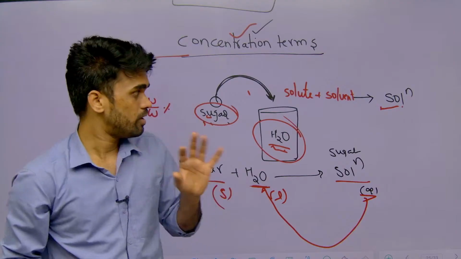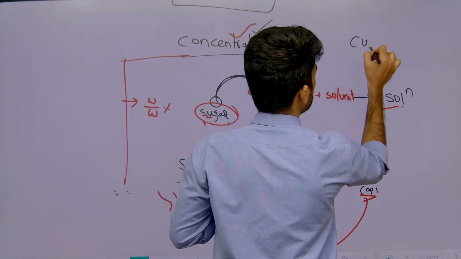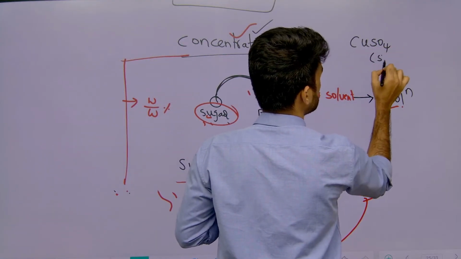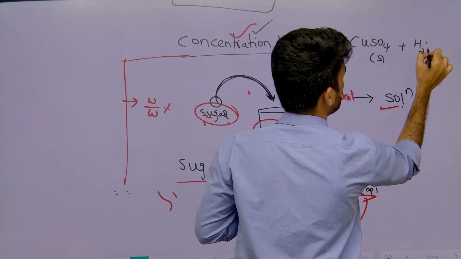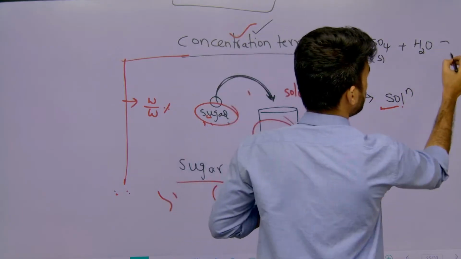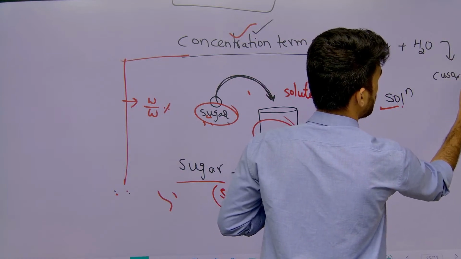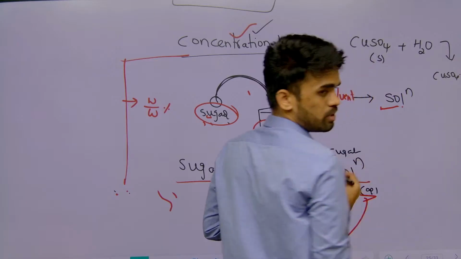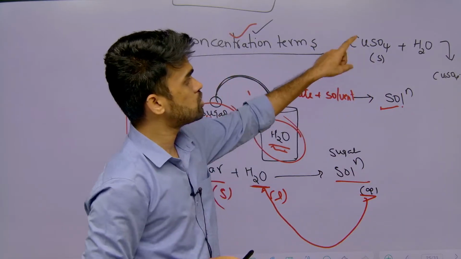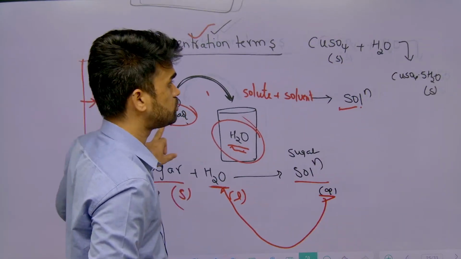Okay, so for example, here I am writing, copper sulfate is a solid substance. To this I am adding a quantified amount of water in order to make copper sulfate dot 5H2O. So this is also solid now. Now identify solute, solvent and solution in this.